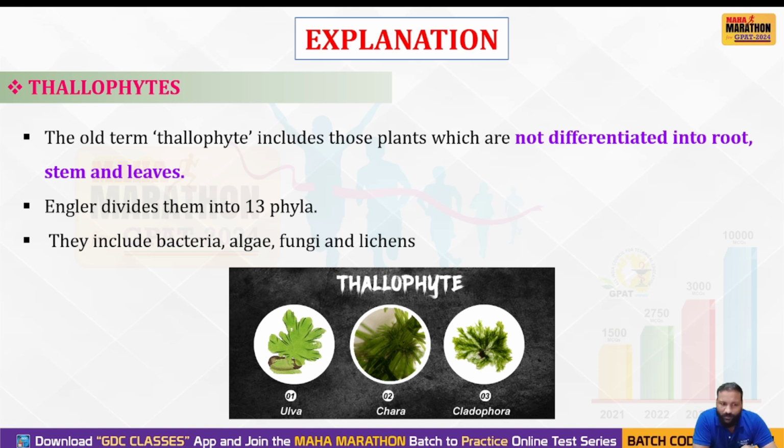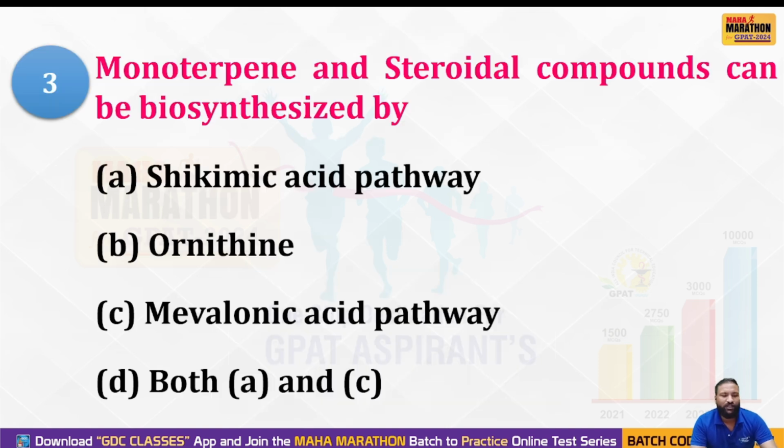All are thallophytes. Thallophyte refers to those that don't differentiate into root, stem or leaves. They exist as a specific form. Examples are Spirogyra and Cladophora. These are some examples for thallophytes. Clear? So the thallophytes do not differentiate into root, stem or leaves.